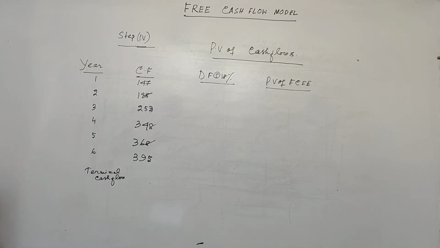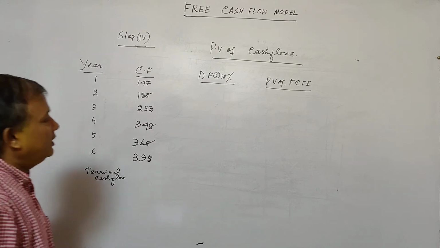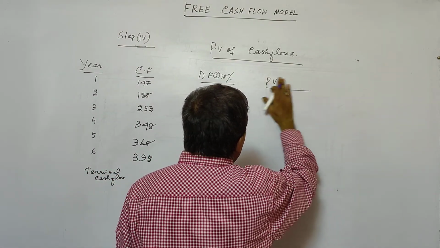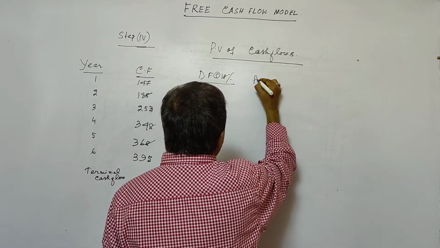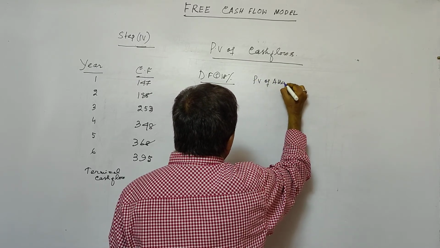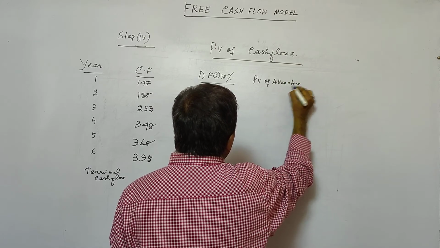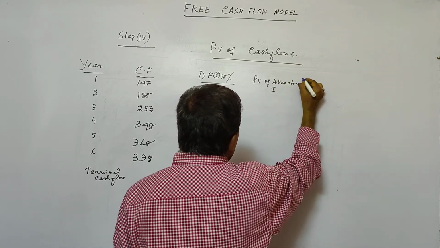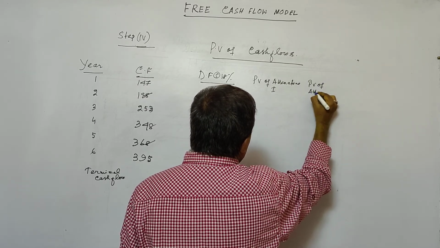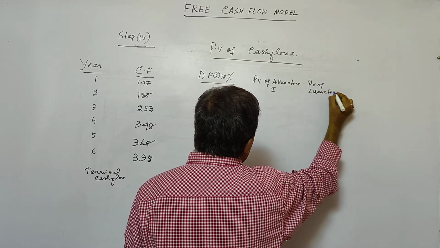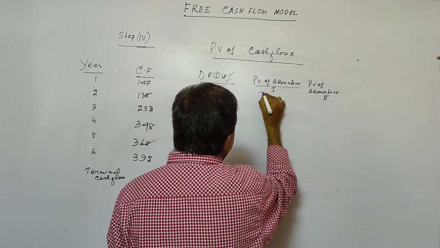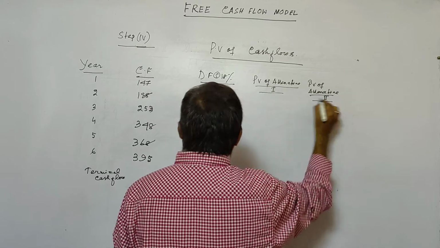This is PV of alternative 1, and again we shall go to PV of alternative 2, because there are two alternatives, one is growth, another one is no growth.